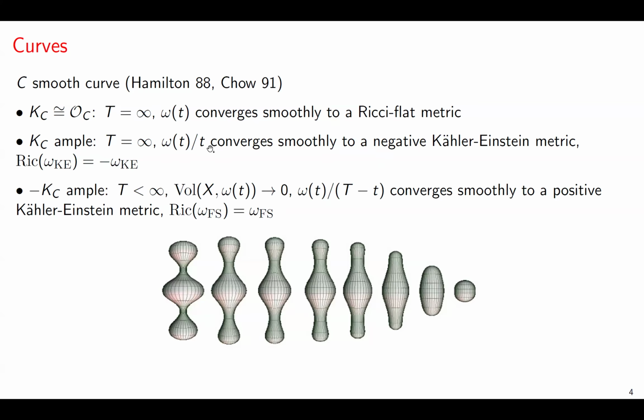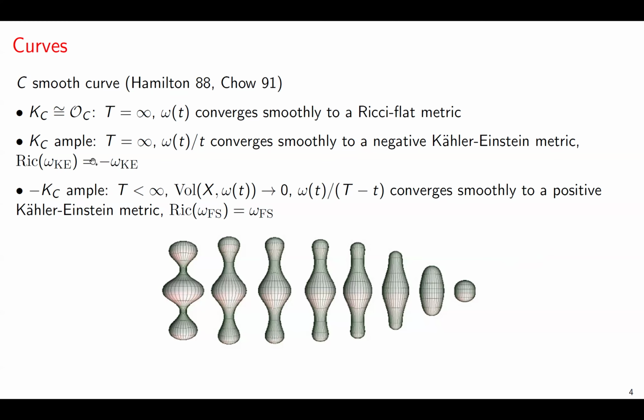I want to look at t large. And then if you rescale by t, now the volume is comparable to a constant. And you can now expect to have reasonable convergence. And in fact, you do have smooth convergence to a negative Kähler-Einstein metric. So here it means, in fact, a hyperbolic metric with constant negative curvature, say -1.